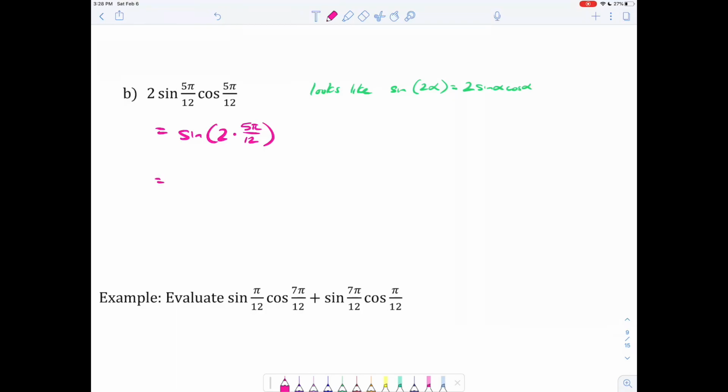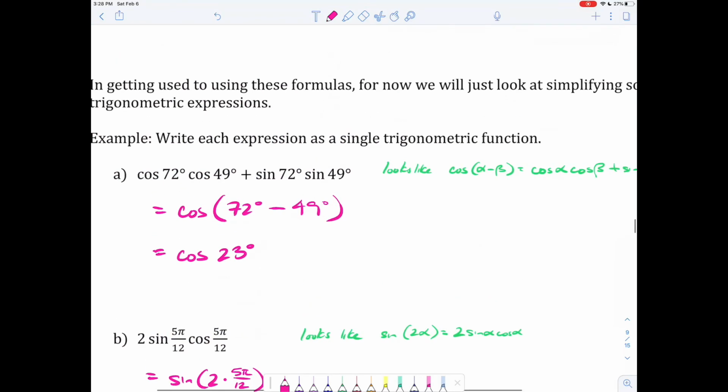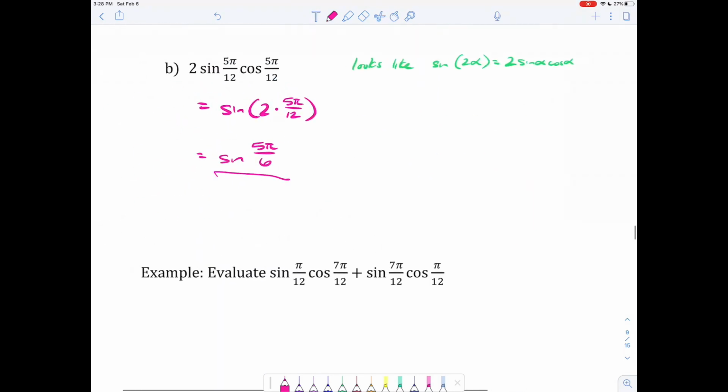And just to simplify within those brackets, that's what we get. This is something we could actually evaluate. We do have the capacity to evaluate sine of 5 pi over 6. We just weren't asked to here. We were asked to express it as a single trig function. And that is what has been done. We should not be going any further with that.